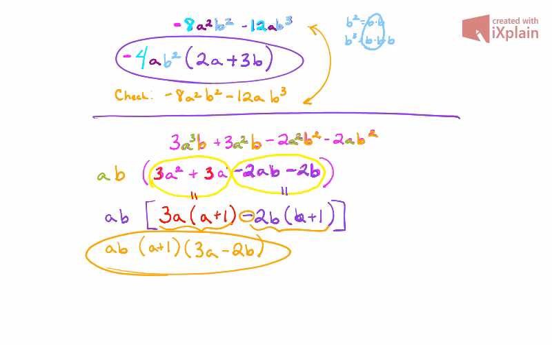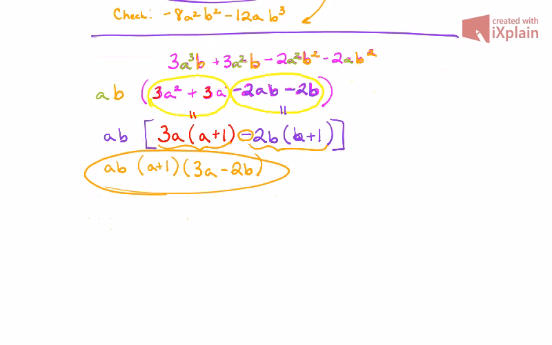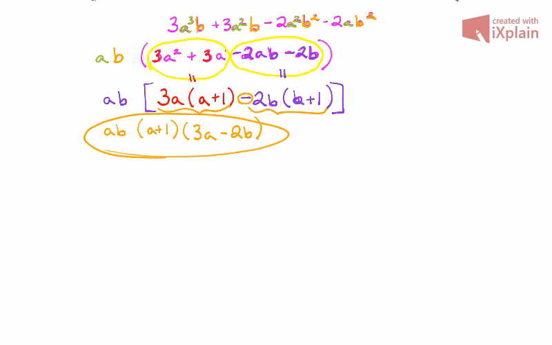Okay. So notice, as we run through this, that once you pulled that ab out, it just kind of kept dropping down. It really didn't do anything else as we were going through. You were kind of done with it, and that was part of your answer. So you just kind of set it on the side until you were ready to put it back into your final presentation. So if you're not sure if this is the correct answer, remember that you can check it.